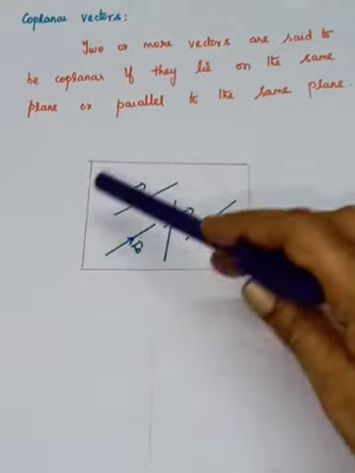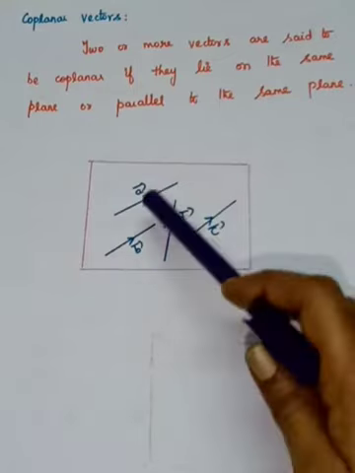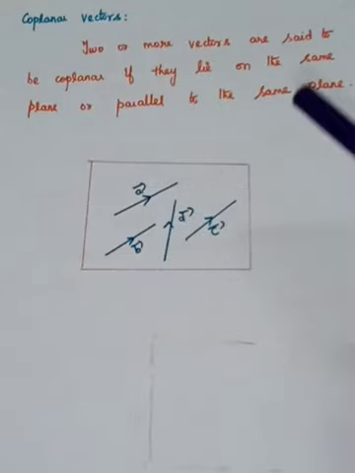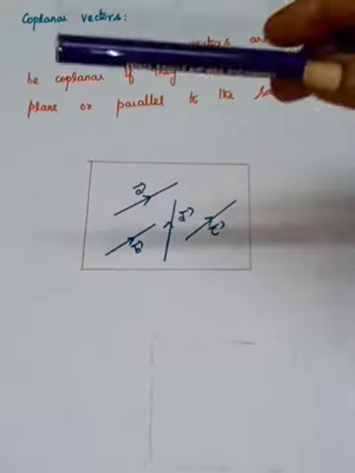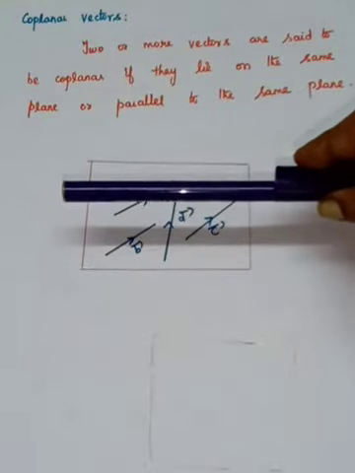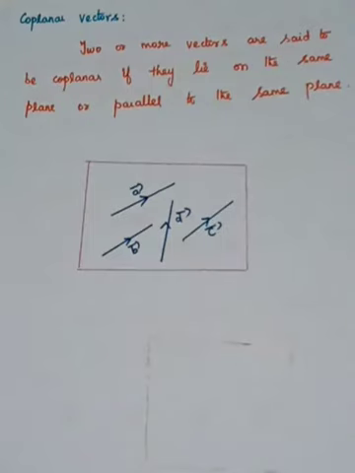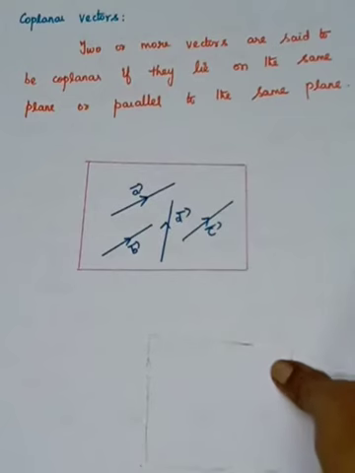In that plane I have drawn four vectors. Those are coplanar vectors because all four vectors lie on the same plane. Or, if you see, this vector is parallel to the plane. So they lie on the same plane or parallel to the same plane. They are called coplanar vectors.